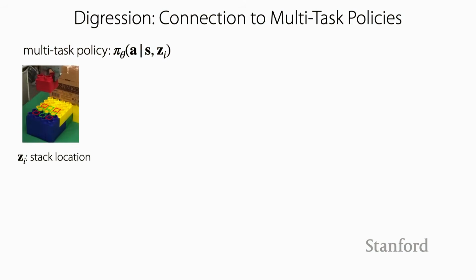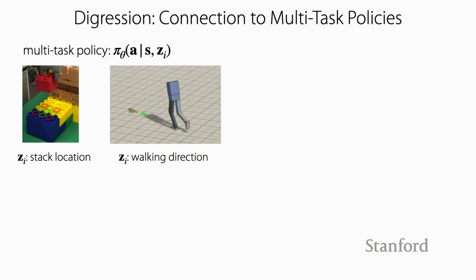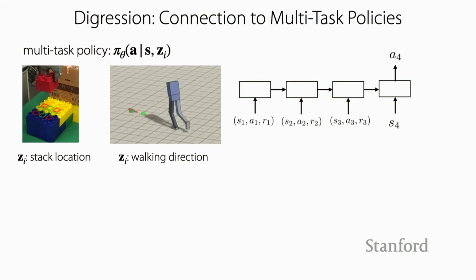Now, a quick digression, which will lead us into a different way of thinking about meta-RL. We've talked about multitask policies where we condition on a task descriptor, so maybe we want a robot to stack in different locations or to walk in different directions. And we've talked about policies that take experience as input and generate actions based off of that data set.